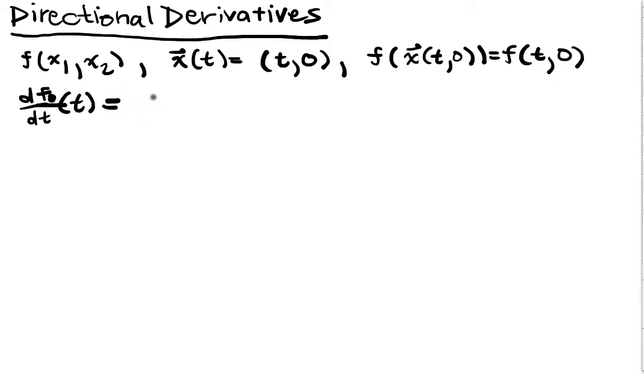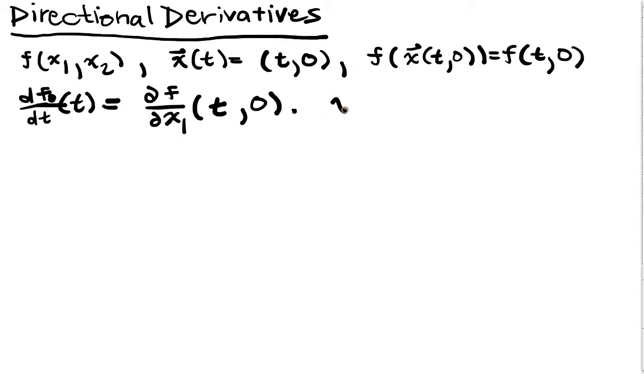Well, that's just going to be the partial derivative of f with respect to x1, because all I'm doing here is changing x1 and I'm leaving x2 fixed at 0, evaluated at (t, 0). So this is actually a directional derivative, and we've already seen it, and we can do it in all the other coordinates as well. Now this suggests that I can plug in a general direction.